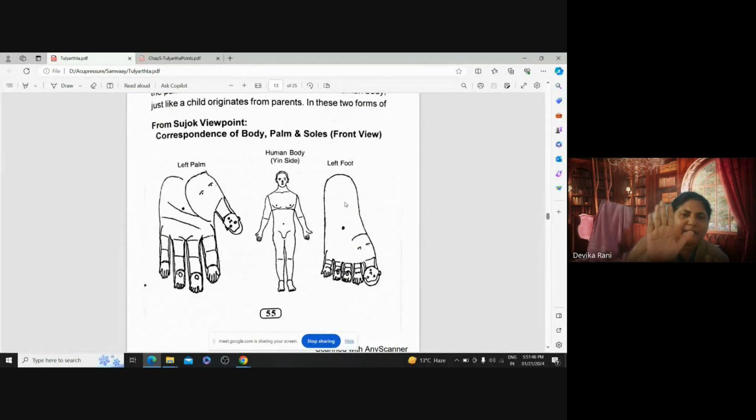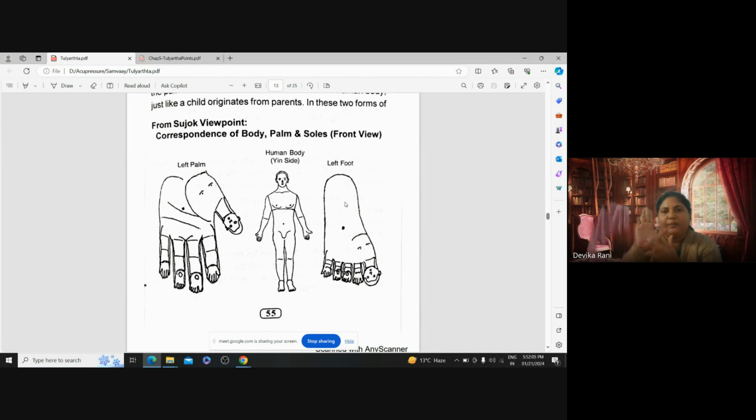Can you see my hand? Yes, ma'am. Okay, thank you. So, if you see the chest part over here, if you take the Sujok correspondence system, here again the liver would come on the right side. So that led to a bit of confusion.